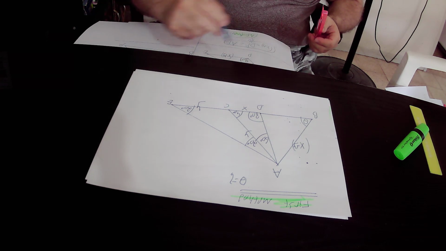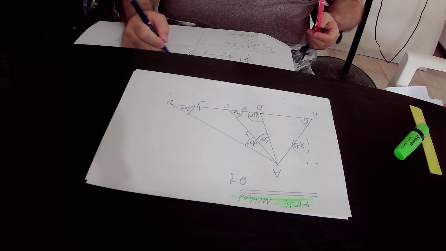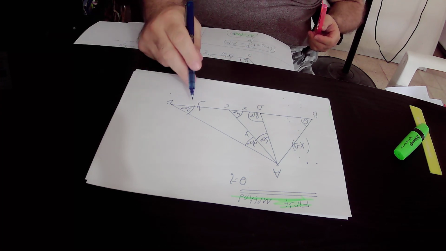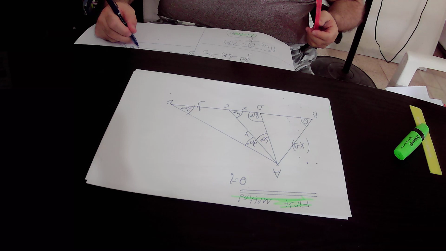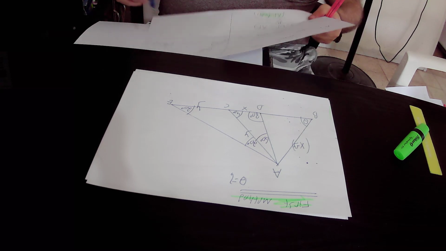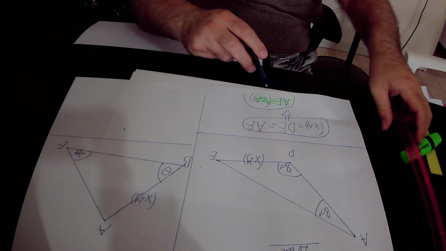Side AB equals X plus Y, according to what is given in the question. This angle equals theta, according to what is given. This angle equals 20 degrees, according to what we have already found out. And side AE equals X plus Y, according to what we just found out.